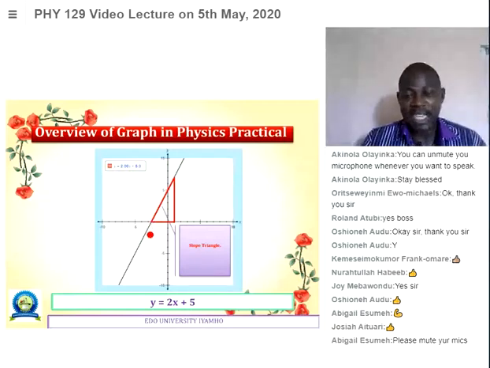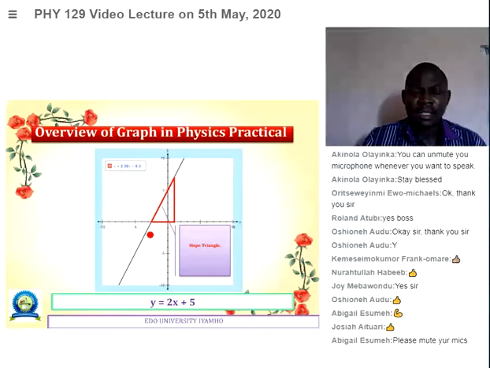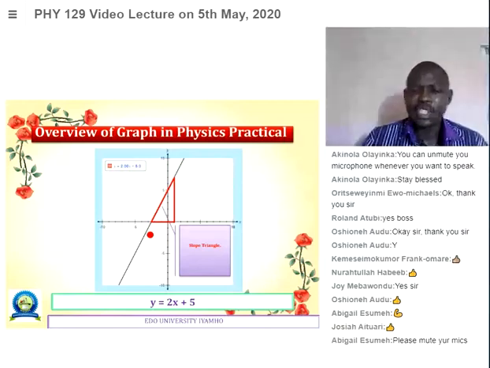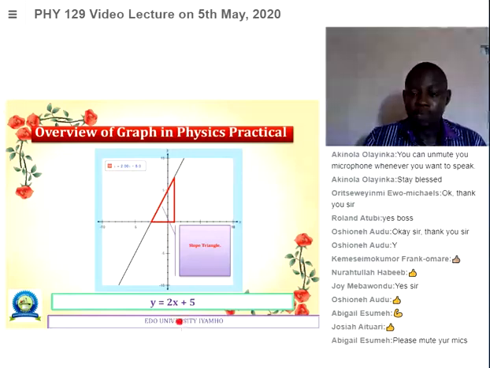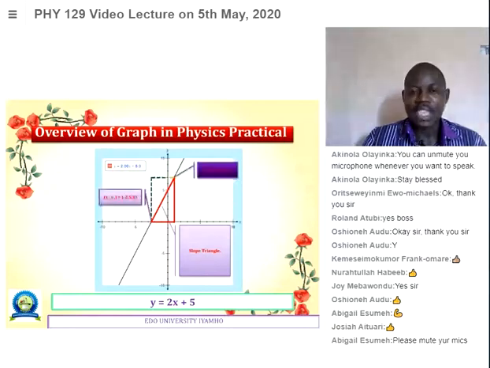But like I said earlier, my emphasis is not on the intercept on the x-axis for now. So I'm just going to concentrate more on the intercept on the y-axis. Is that okay? So let me quickly move on to the next slide.